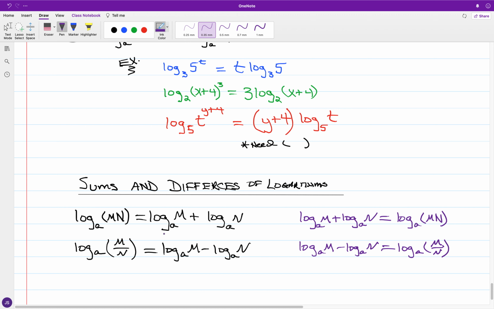Division translates to subtraction, and it also works in reverse whenever you are combining logarithmic terms into a single expression.